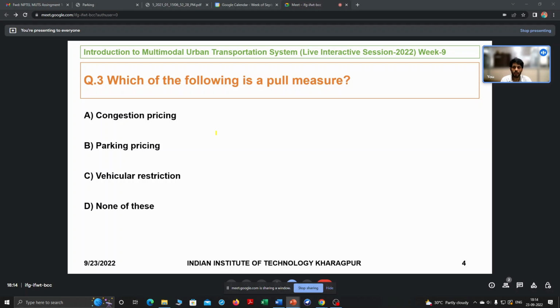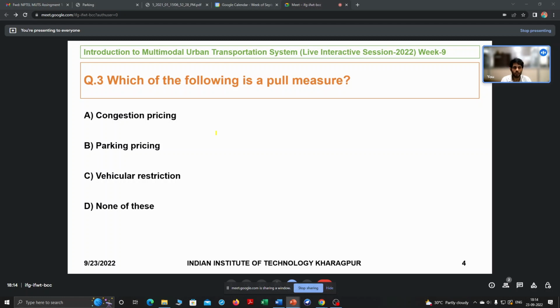That time the concept was different, people thought that we are parking the vehicles for a longer time, so your parking pricing should be low, and this decision was usually taken by maybe a politician or something.